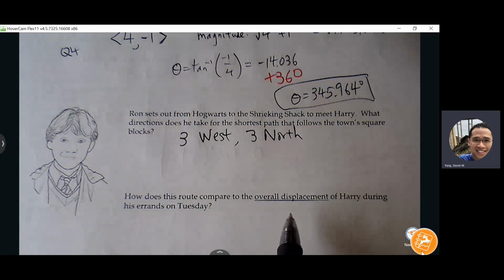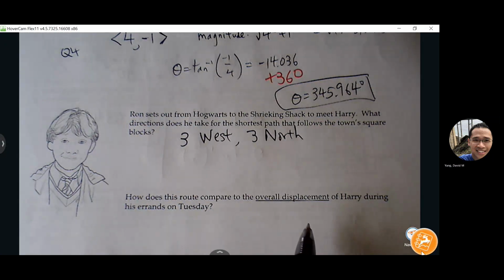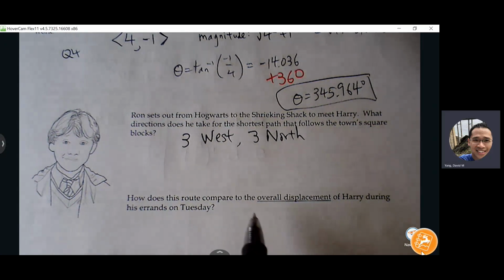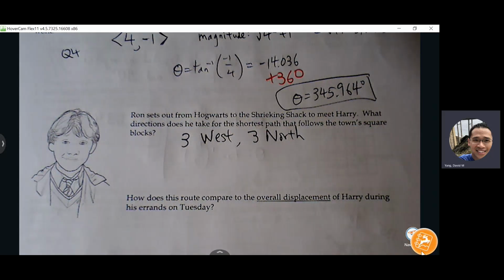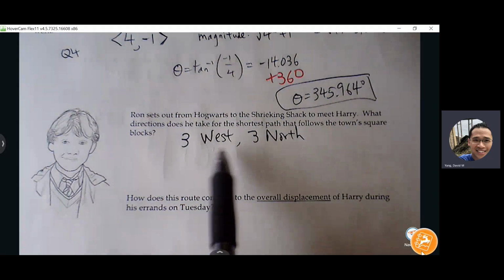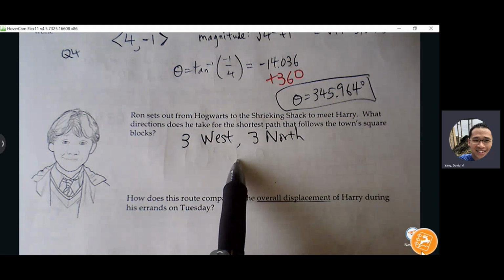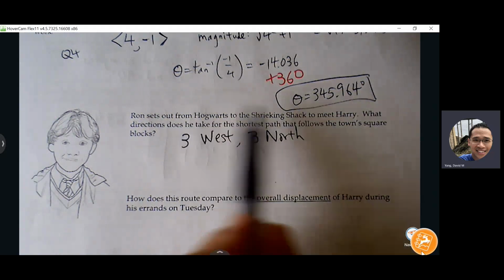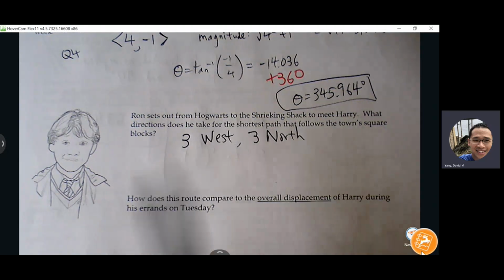So displacement is just where is his initial starting point, where is his ending point? So he went through all that route, but if we're just comparing that distance from his beginning to his final destination, it's going to be the same as the one that Ron took.